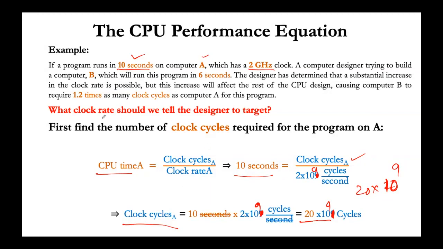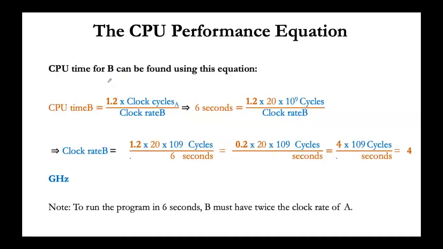Then, how much clock rate is required for designing B, so that the comparison can take place? The CPU time for B can be found by using this equation.